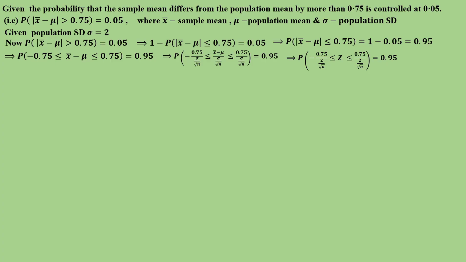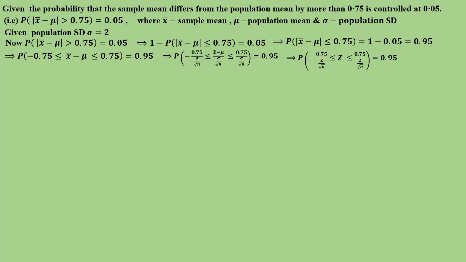This is the normal area between minus 0.75 by 2 into root n, because you can write it as a reciprocal, and up to 0.75 by 2 into root n.